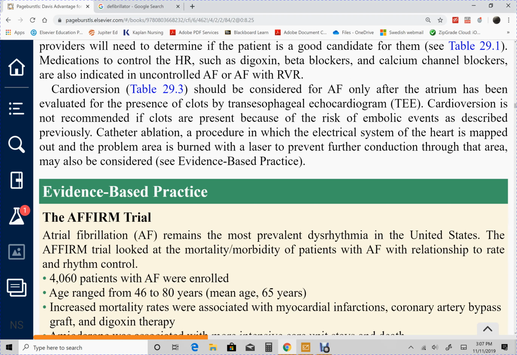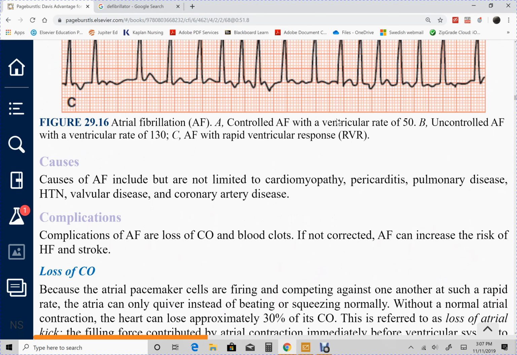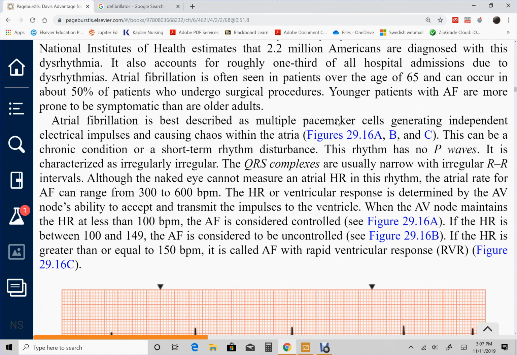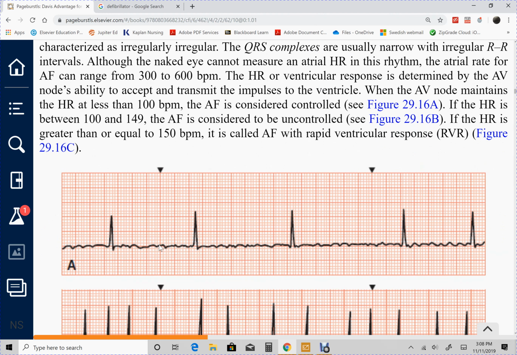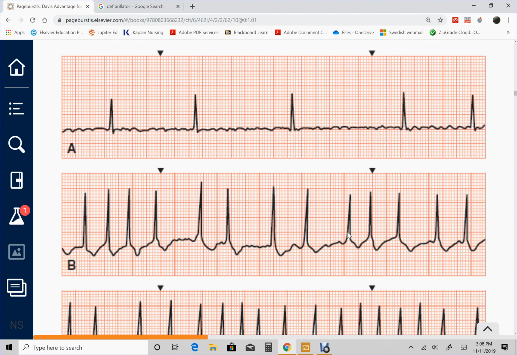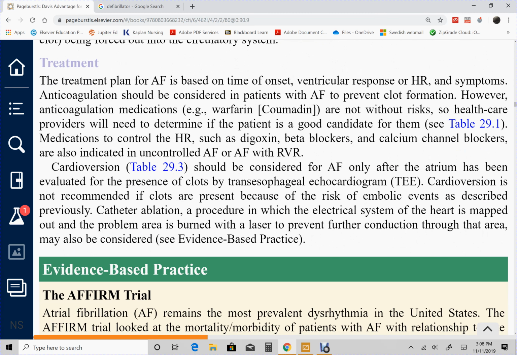So remember in AFib, the cause we said was there are other sources of the electrical impulse other than the SA node, meaning these electrical impulses are coming from areas within the atria other than the SA node. So we have to find those sources, and the only way to find that is through an EPS study.